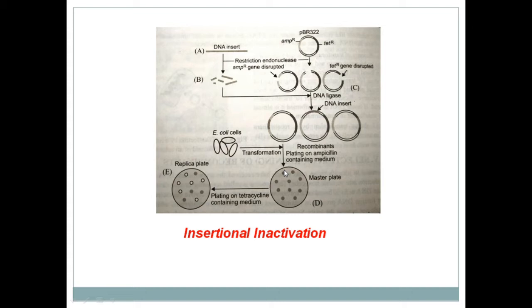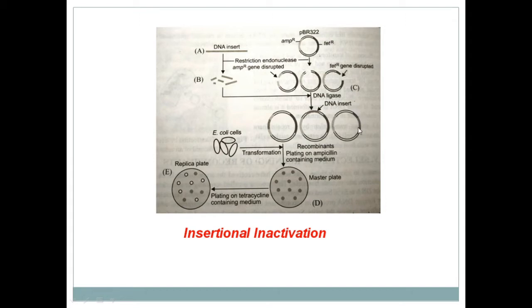If we plate these colonies on a tetracycline containing medium, then only those colonies will grow which have the DNA insert in the vector apart from the tetracycline resistance gene.